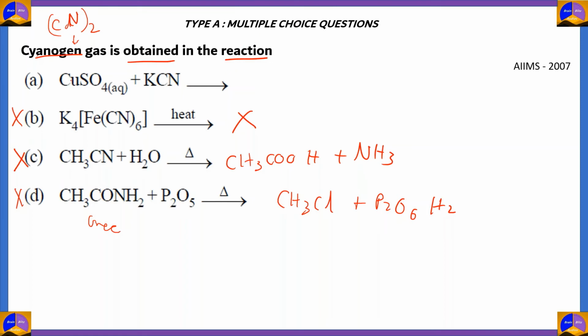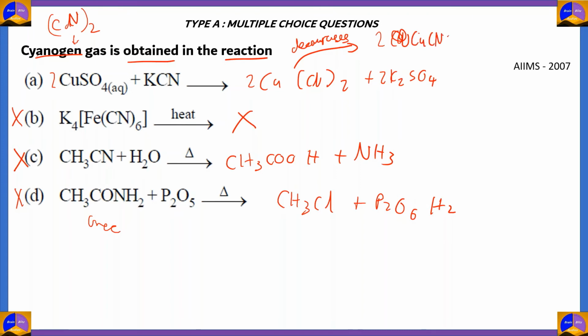Let's prove it. 2CuSO4 plus 4KCN gives you 2Cu(CN)2 plus 2K2SO4, and then the Cu(CN)2 decomposes to form 2CuCN plus (CN)2.